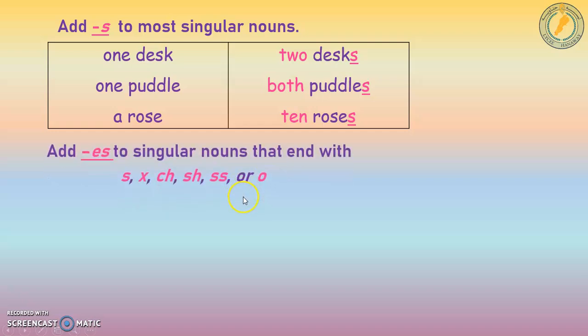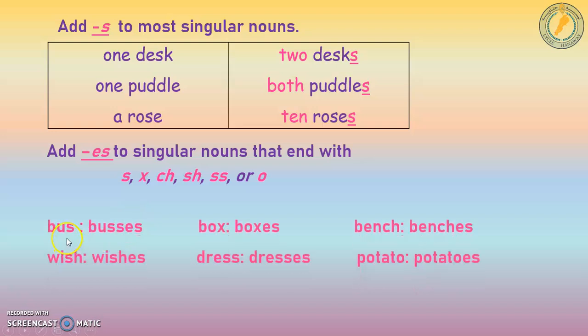Some nouns that end with S, CH, SH, double S, O or X, we have to add ES instead of S. For example, bus, buses, box, boxes, bench, benches, wish, wishes, dress, dresses, potato, potatoes.